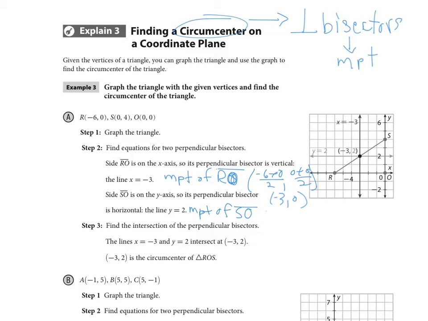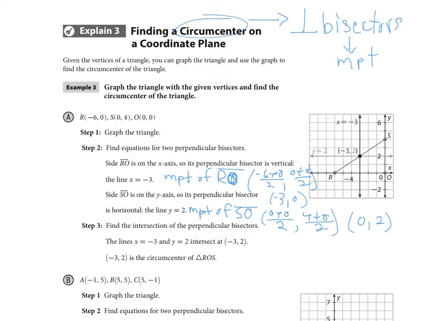S and O would be 0 plus 0 over 2, the x-coordinates average, and 4 plus 0 over 2, the y-coordinates average, and that point would be 0, 2, and so the y equals 2 line goes right through that point 0, 2, which is the midpoint there.